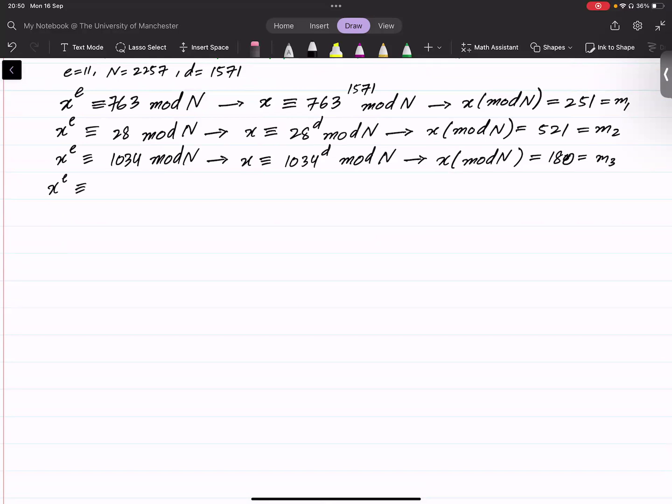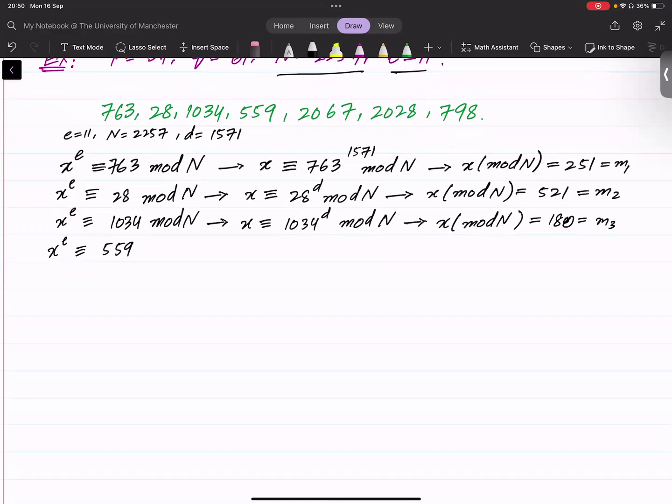And we're still solving. So 559, x congruent to 559 to the power d mod n, and this is equal to 506, and can be said that it is M4.